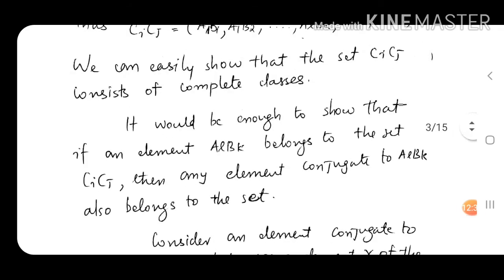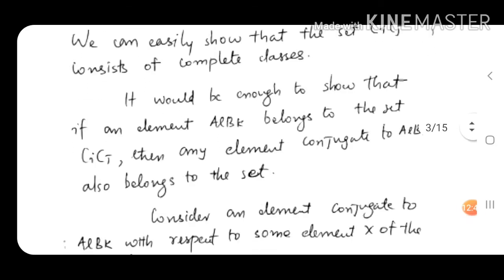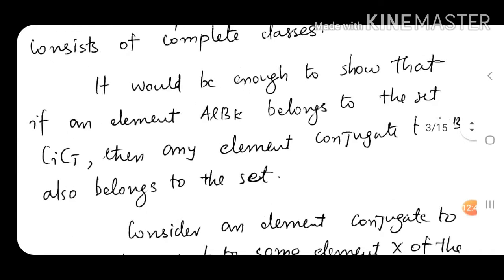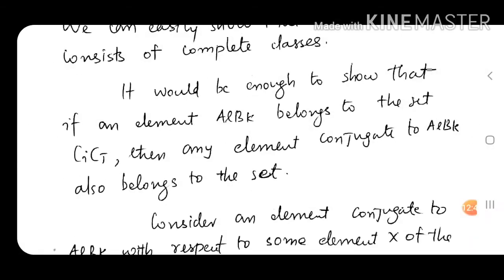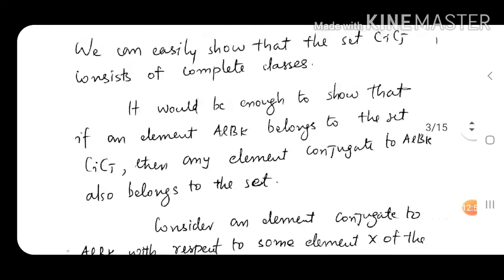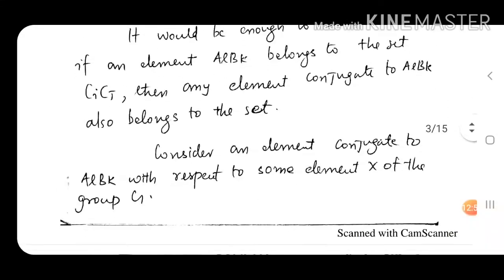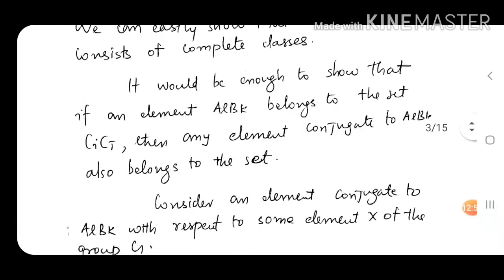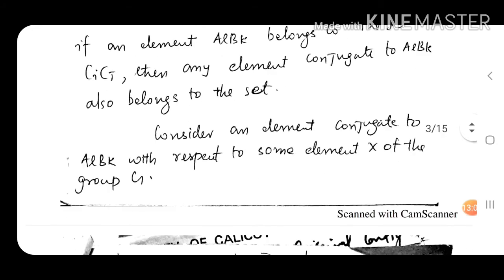Or it's enough to show that if an element AlBk belongs to the set Ci Cj, then any element conjugate to AlBk also belongs to the set.